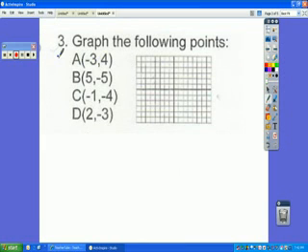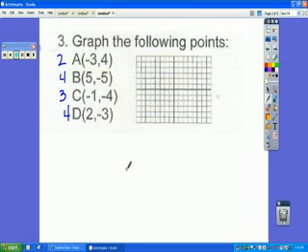A should be in quadrant 2, a negative positive. B should be in quadrant 4, positive negative. C should be in quadrant 3, negative negative. And D should be in quadrant 4, which is a positive negative.